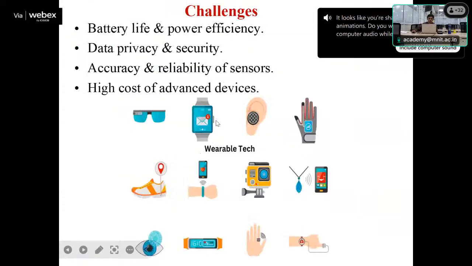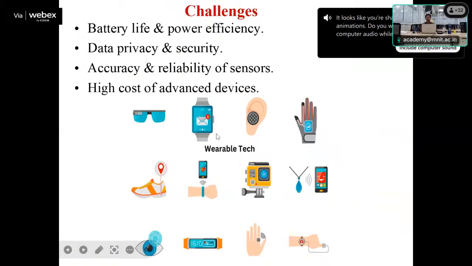We already discussed the challenges, so I am not going into them again, but data privacy, battery life, and accuracy are definitely challenges. Cost is still a challenge, because I would like to have an accurate solution at the least cost, but that depends upon the advancement of sensor technology.